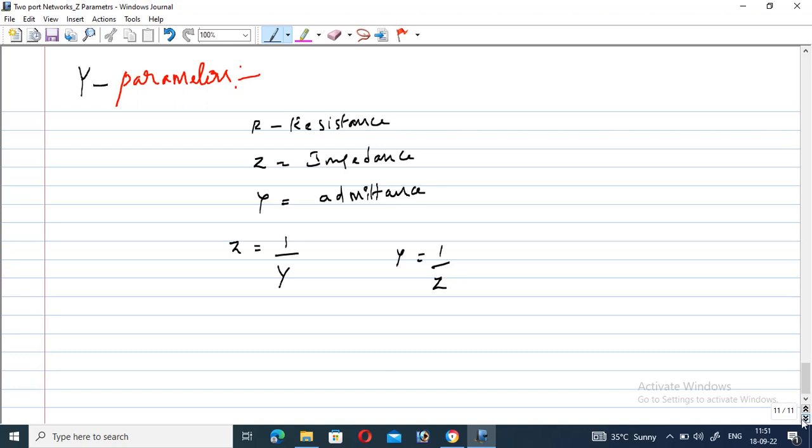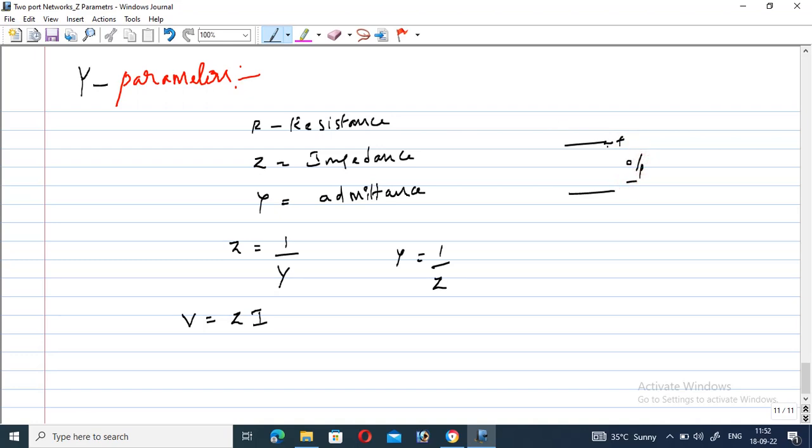Now in our previous video we discussed the Z parameters. Output voltage can be represented as V is equal to Z into I. So our Y parameters are nothing but short circuit parameters. Short circuit means that if you take the output side, when it is open, some voltage will be present at the output terminals.